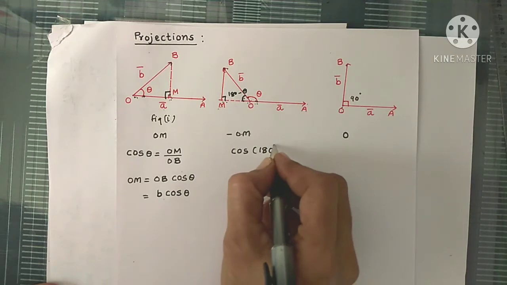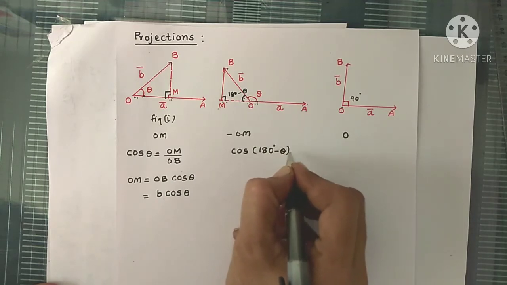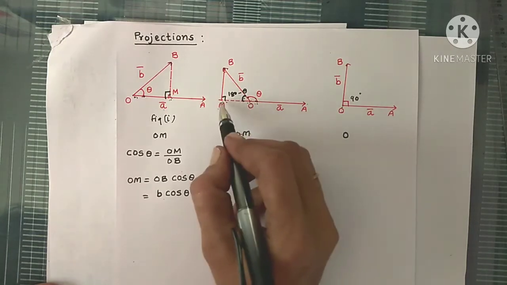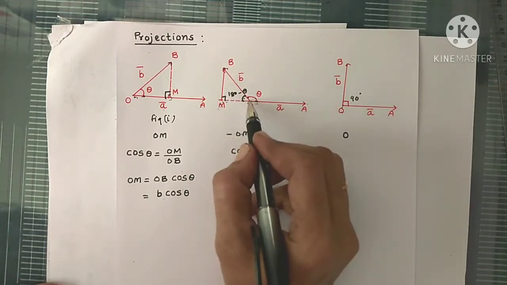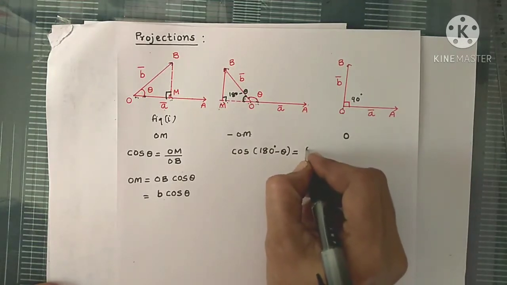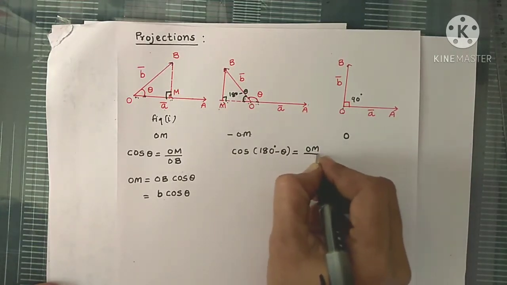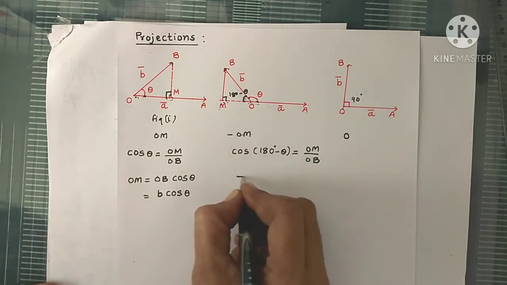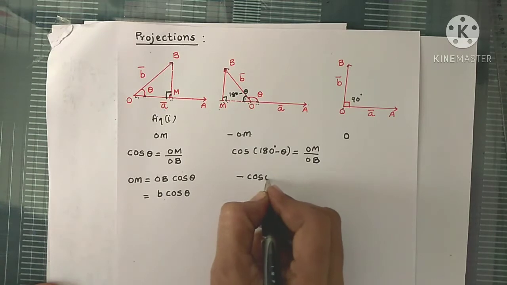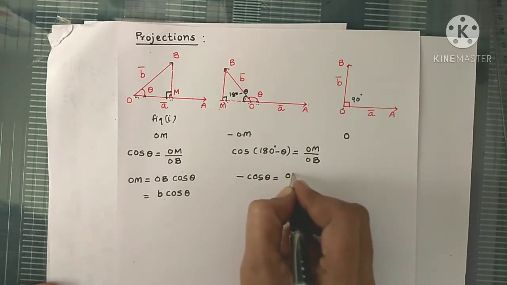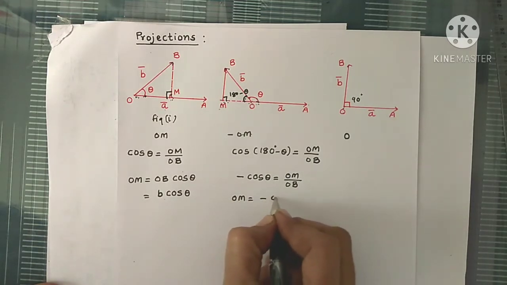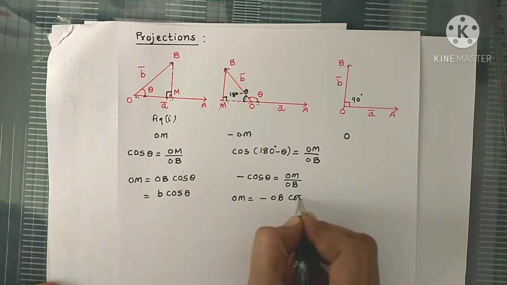Cos of 180 degrees minus theta equals adjacent side, which is OM, divided by hypotenuse, which is OB. So cos of 180 minus theta is OM upon OB. But cos of 180 minus theta is minus cos theta. So minus cos theta is equal to OM upon OB. So OM is equal to minus OB cos theta.